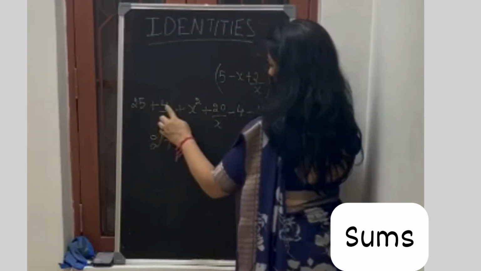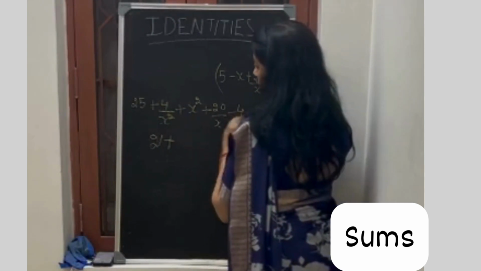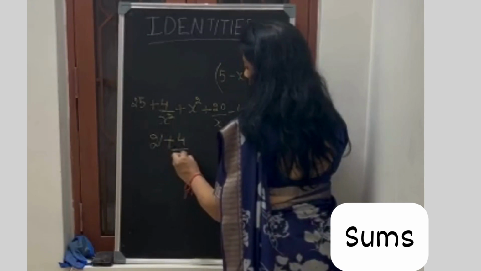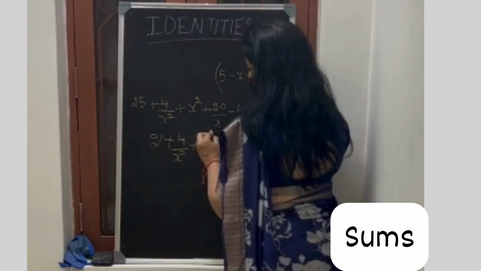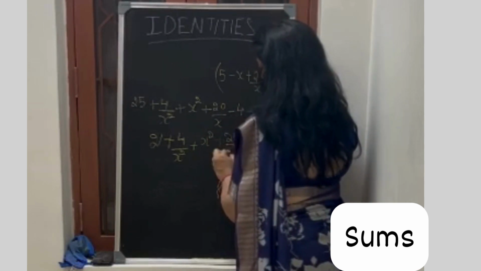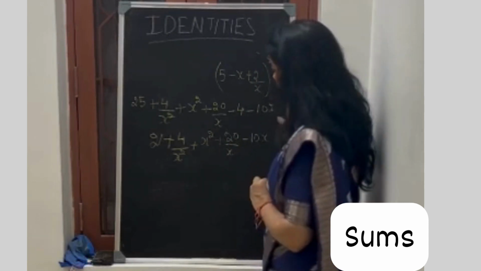Then plus 4 by x square. Can I add or subtract with anything? No. Okay, so 21 plus 4 by x square plus x square plus 20 by x minus 10x. Okay, thank you.